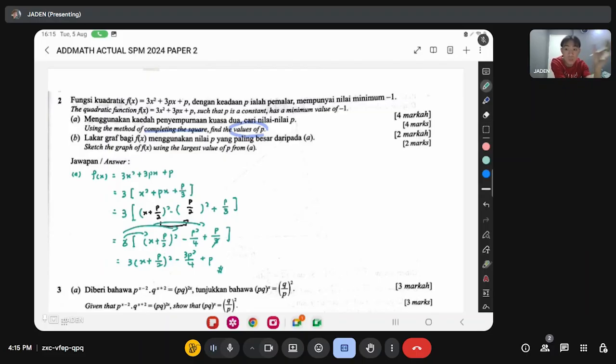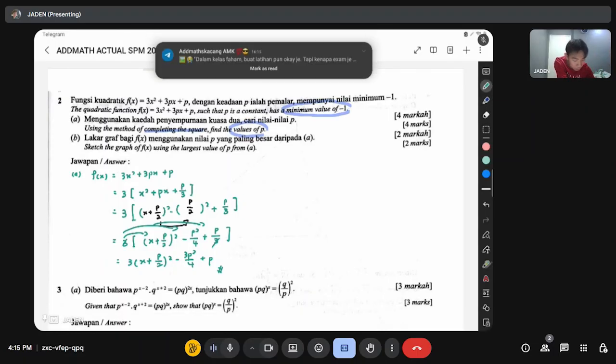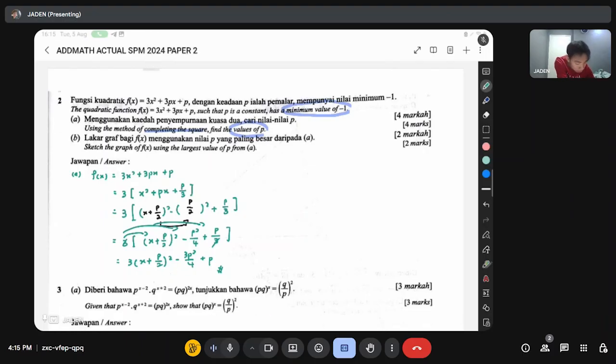All right, once we did this, we still couldn't get the values of p yet because we are not done, of course, but the question says minimum value. Now you have to understand what minimum value actually is and what it has to do with completing the square. When you perform completing the square, technically you are converting a general form into a vertex form.